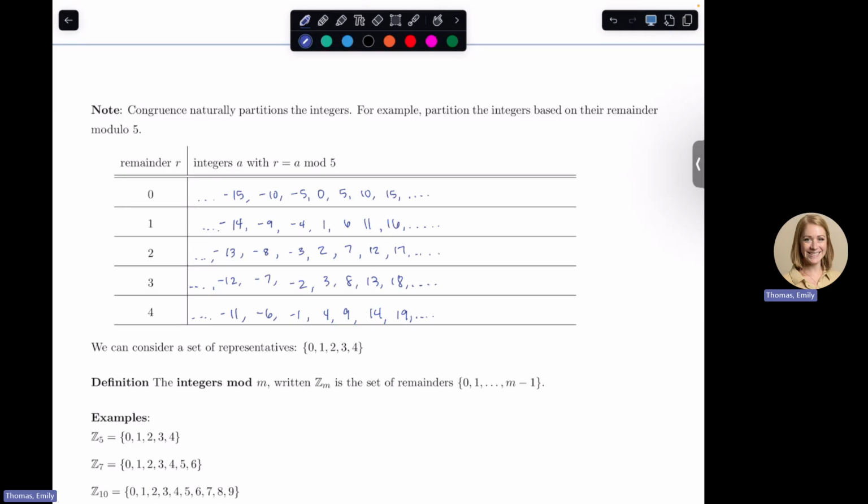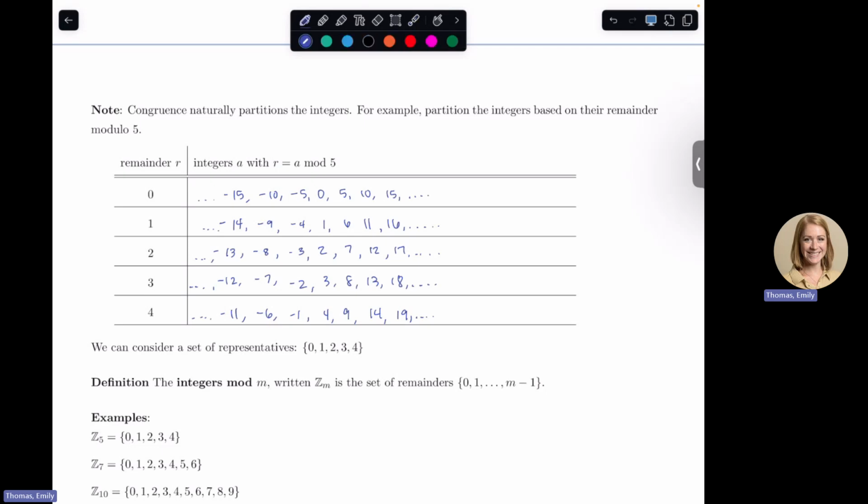Okay, so you notice what's happening here. Start counting: 0, 1, 2, 3, 4, 5, 6, 7, 8, 9, 10, 11, 12, 13, 14, 15, 16, 17, 18, 19. Negative 15, negative 14, negative 13, negative 12, negative 11, negative 10, 9, 8, 7. See, they're all here. Every integer is going to fall into one of these things, right?